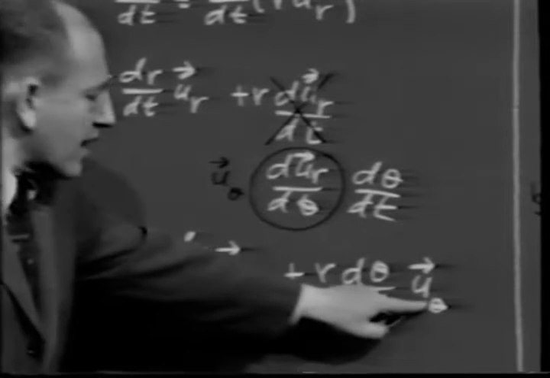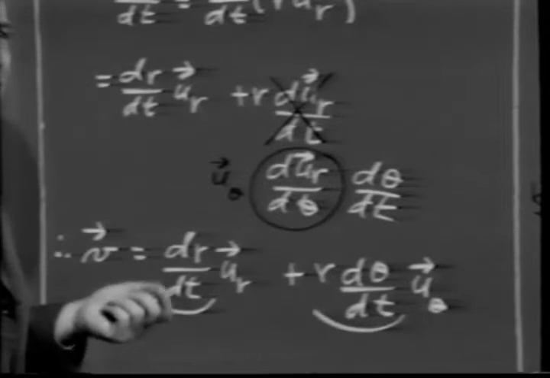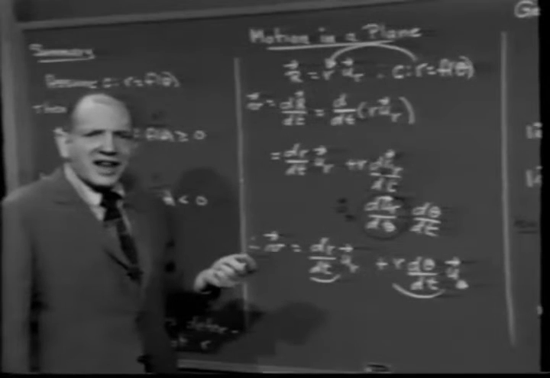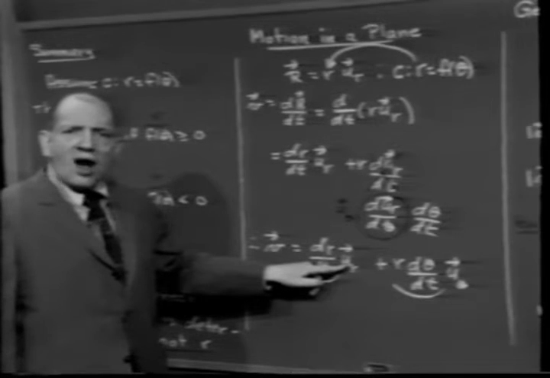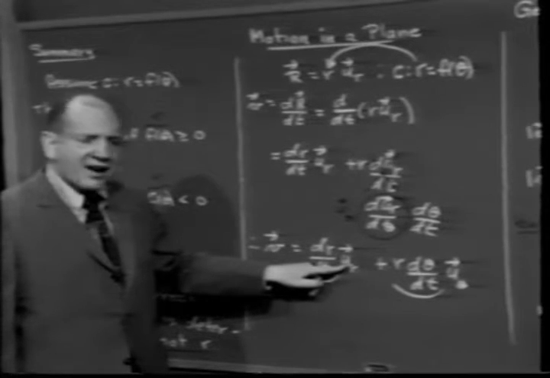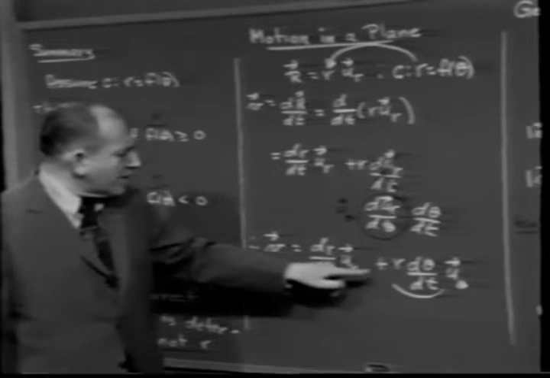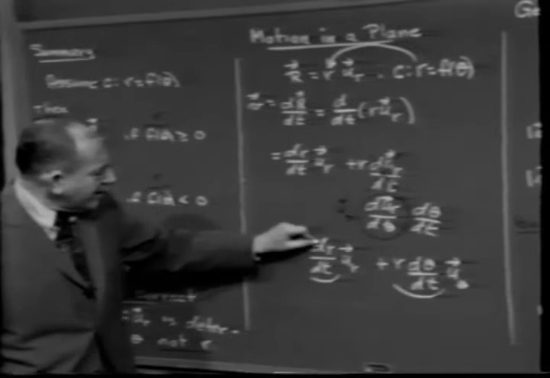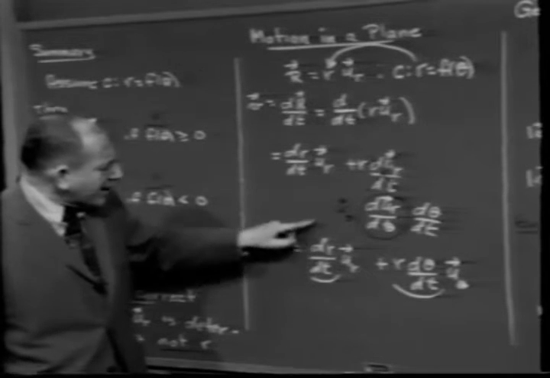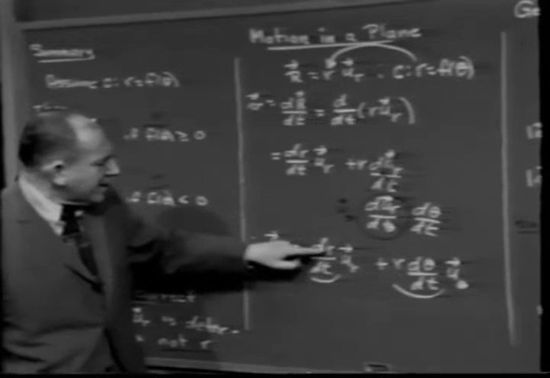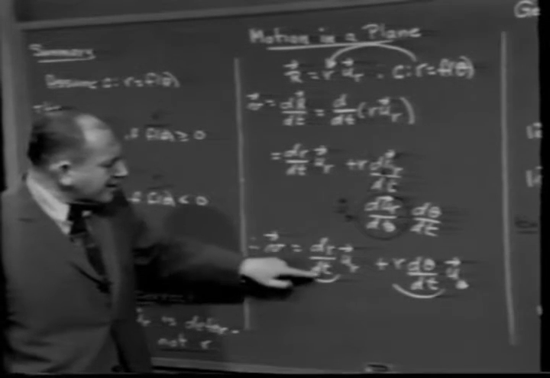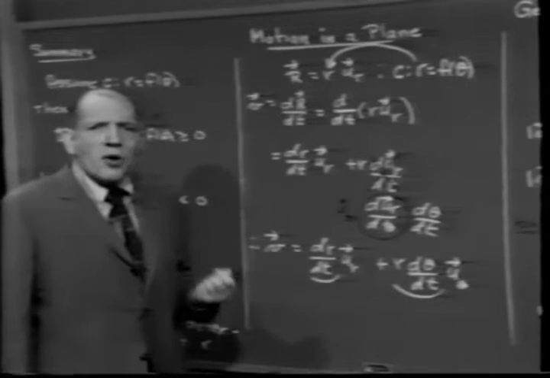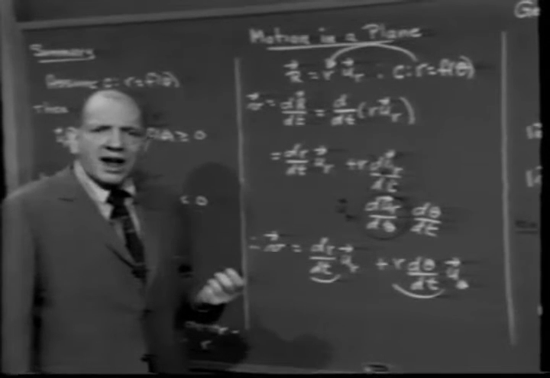And again, notice that as far as u sub r and u sub theta are concerned, even if I did not notice my subtlety, and by the way, I'm going to leave this for the exercises, even if I didn't notice the subtlety that u sub r need not have the same sense as the radius vector r, if I didn't try to graph the answer here, given r as a function of theta and theta as a function of t, notice that dr/dt and r d theta/dt are well defined arithmetically with no possible chance of making a geometric mistake.